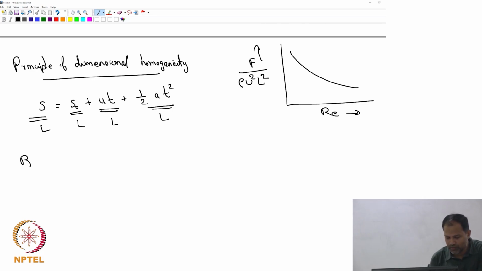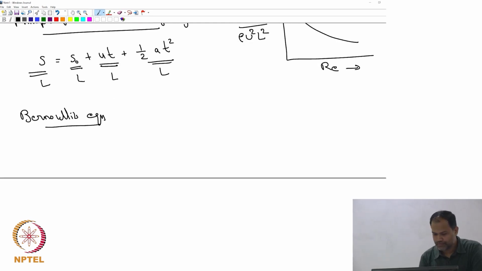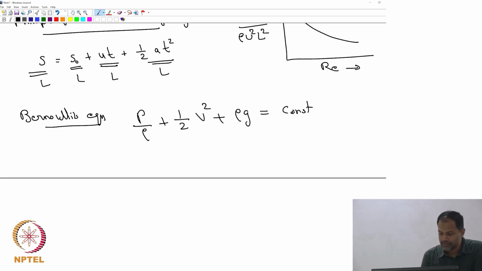How about Bernoulli's equation? P by rho plus half V square plus rho G equal to constant. Can you check what are the dimensions of each of the terms?